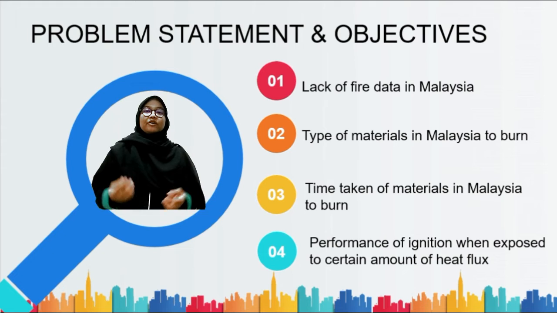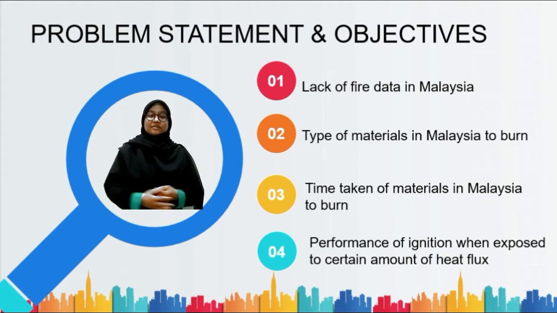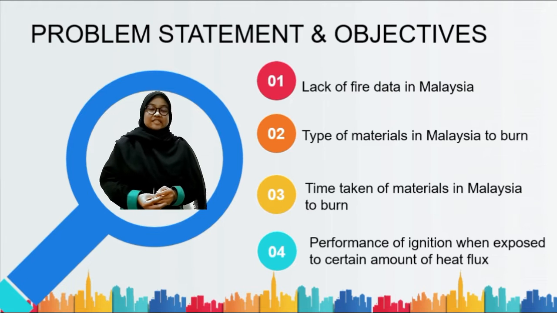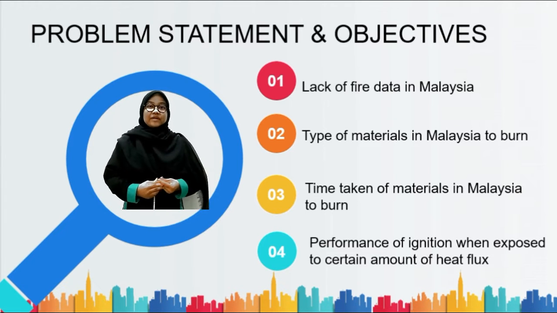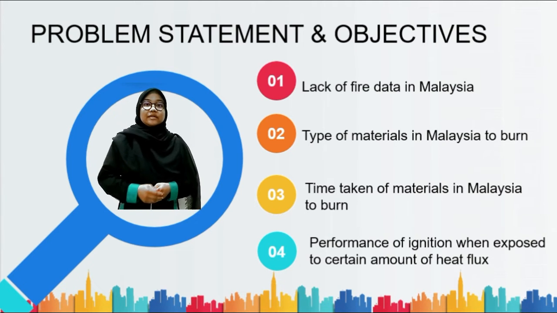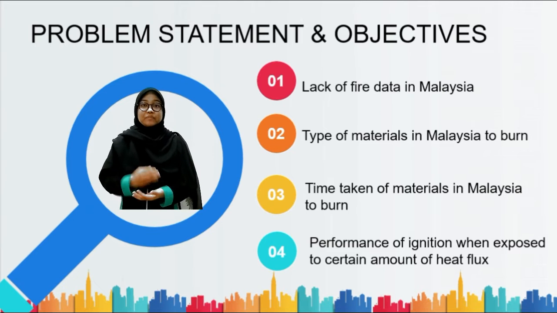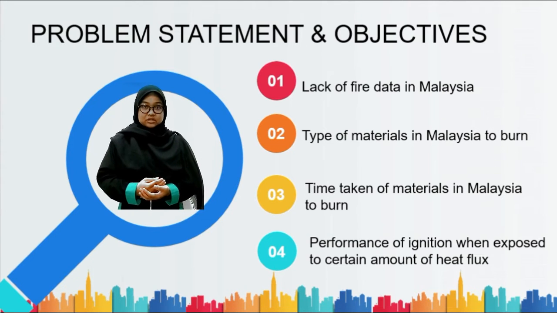Since there are a lot of cases in Malaysia, we need to consider all the cases. As researchers or students, we can see that there is a lack of data about the ignition source and about the materials that might burn in houses in Malaysia.